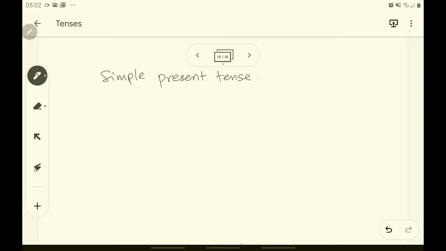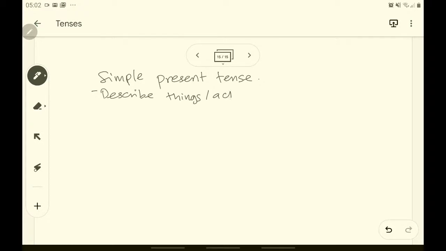As I mentioned just now, it is used to describe things or actions that happen in the present.